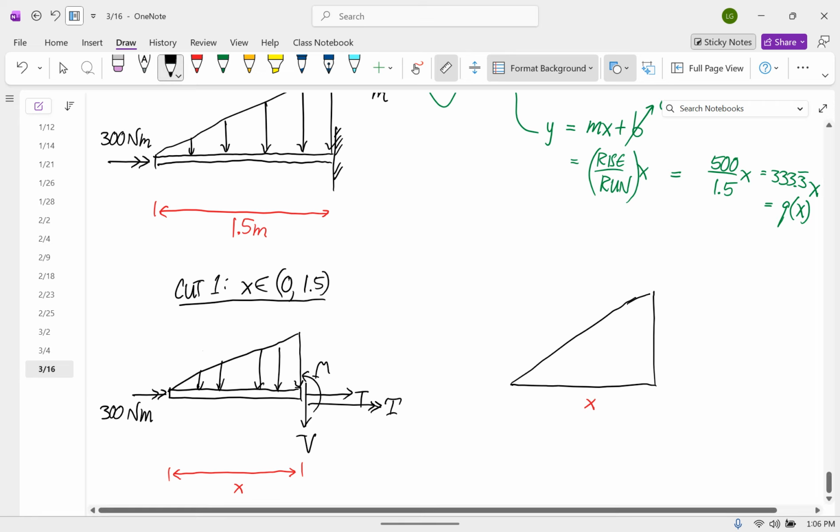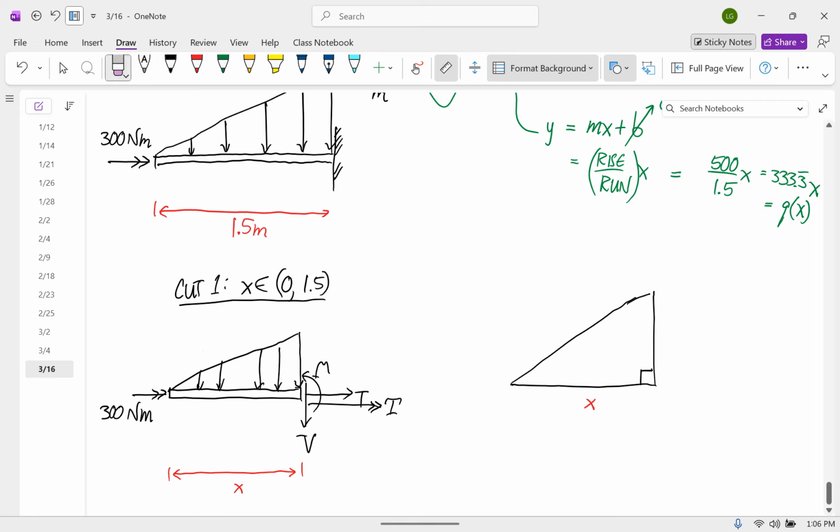And now the height of this right triangle, a pretty ugly triangle, is 333.3 repeating x. The centroid is here. And we know just from the formula of a centroid of a right triangle that if this whole thing is x, this distance is 2x over 3.